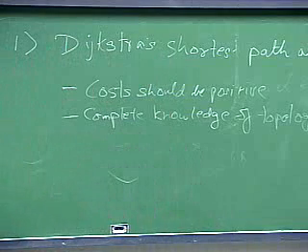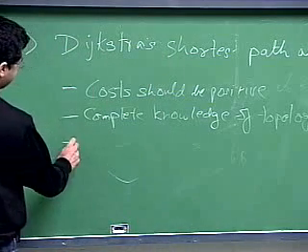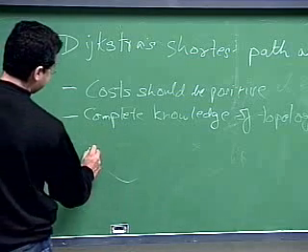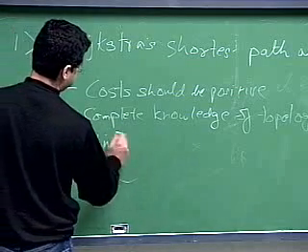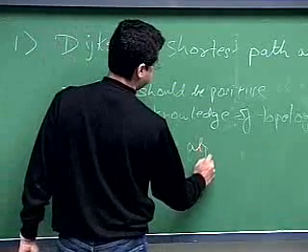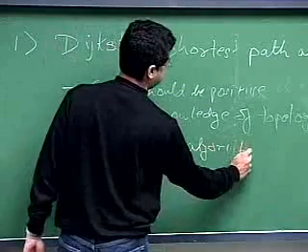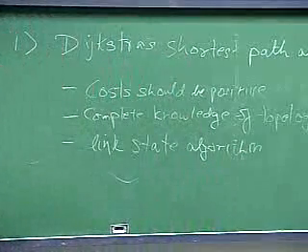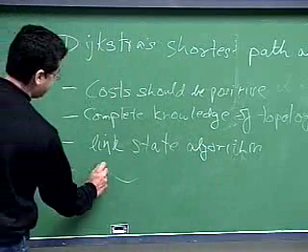So Dijkstra's shortest path algorithm falls under the class of algorithms which are link state and it's centralized.